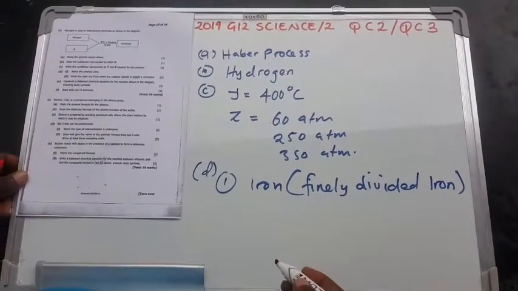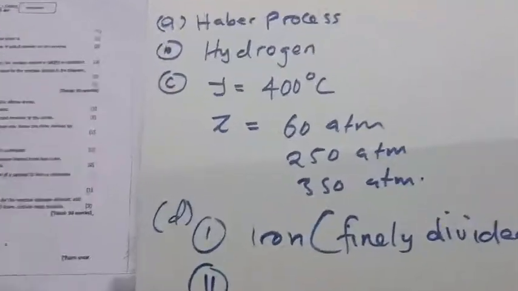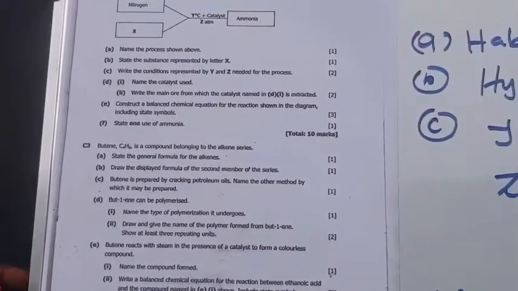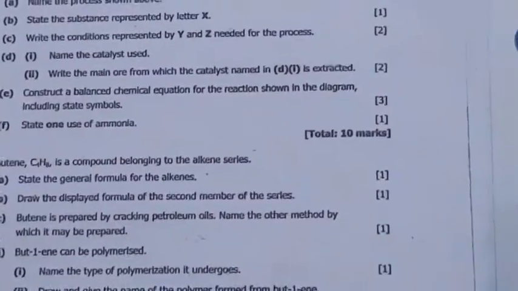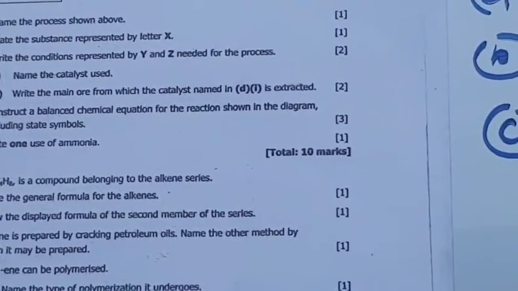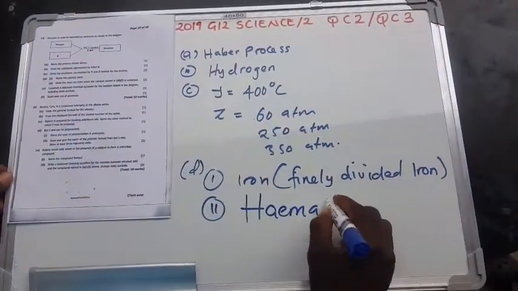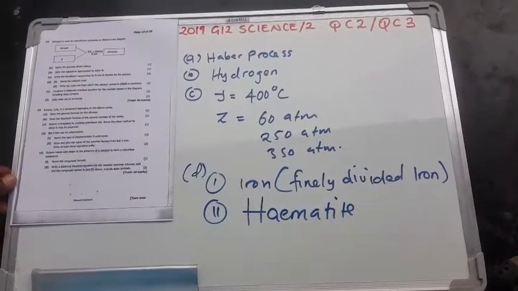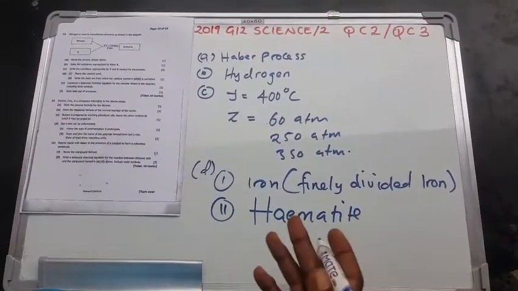So that's the catalyst used in the manufacture of ammonia. Then the main ore from which the same catalyst, which is iron, is extracted is hematite. So that's the main ore where the catalyst is taken from.